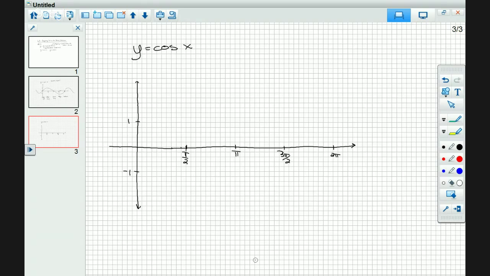What's cosine at 0? Yeah, that's it. And then pi over 2. So notice the downward trend. What do you think pi is going to be? -1.